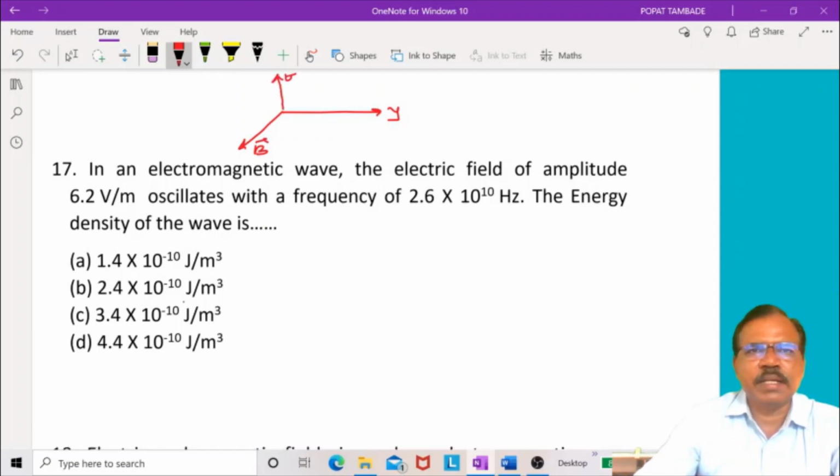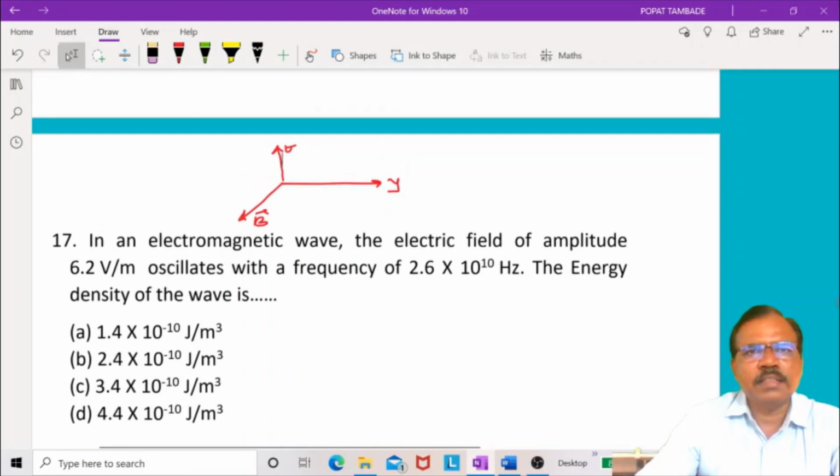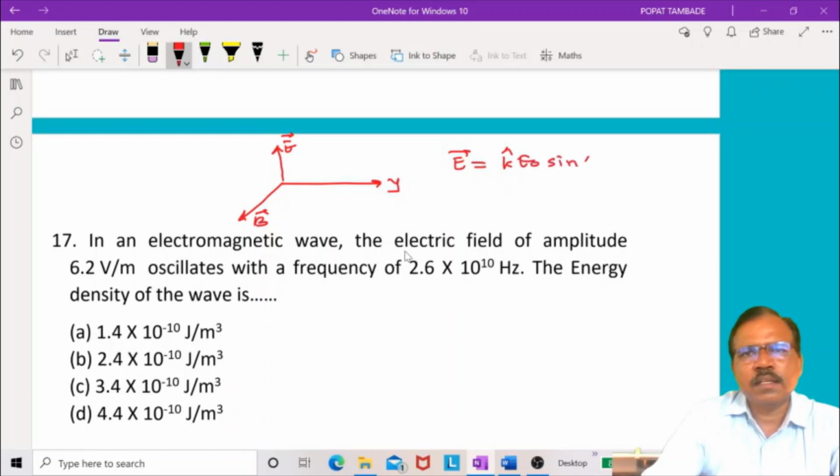They are mutually perpendicular to each other, and energy is propagating along the y-axis. So here we have E is equal to E0 sin(ky minus omega t) in direction k, and B is equal to B0 sin(ky minus omega t). Here the wave is propagating along the y-axis.